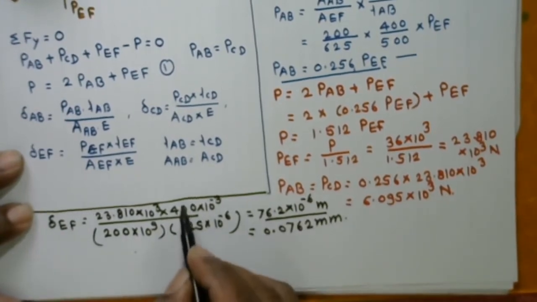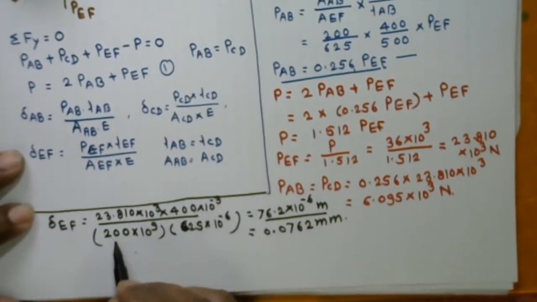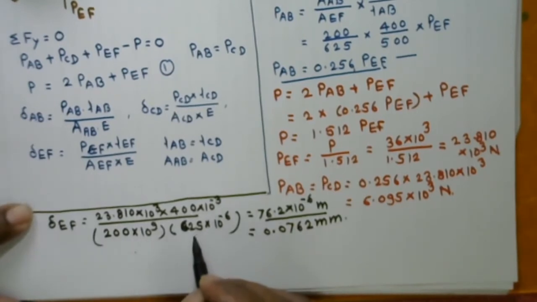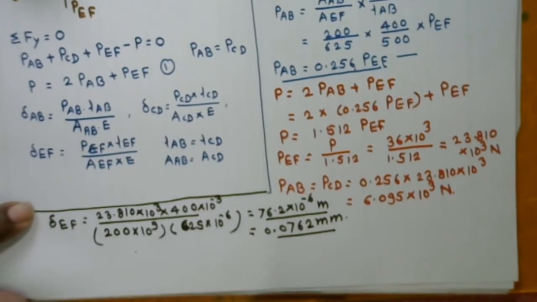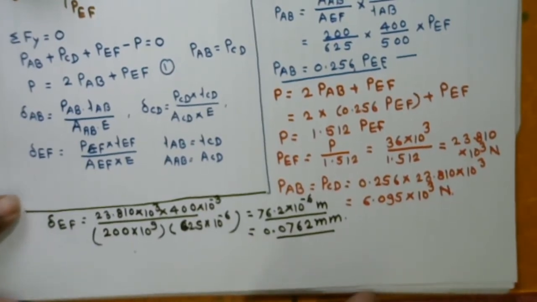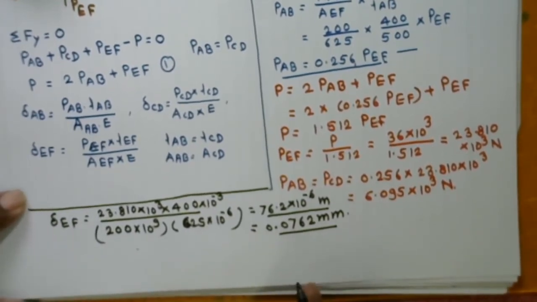You may use directly the value 400, here you may use 200 into 10 raised to 3 and 625. So your answer will be directly in mm, that is 0.0762 mm. That is delta EF.